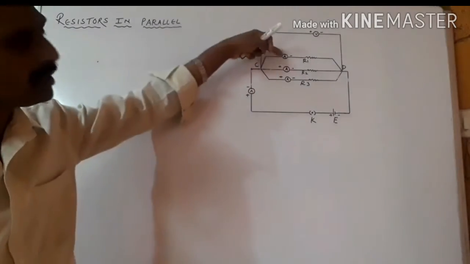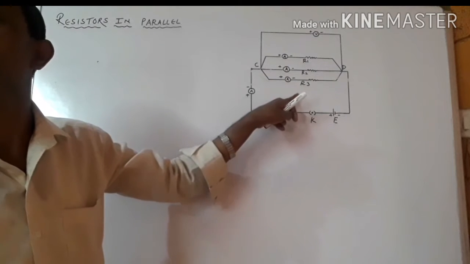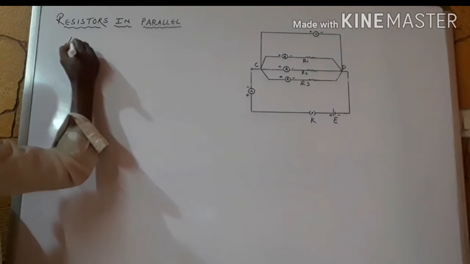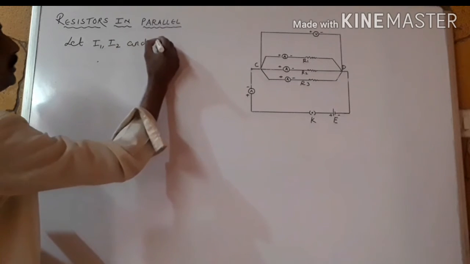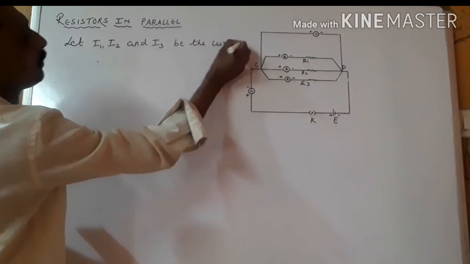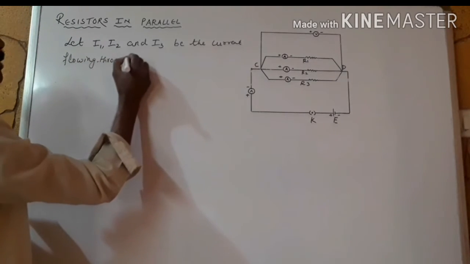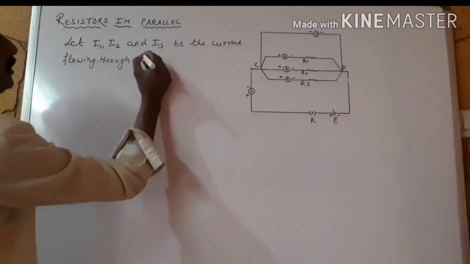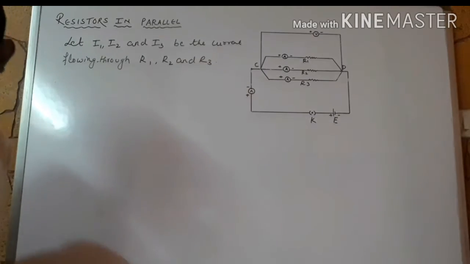So let I1, I2 and I3 be the currents flowing through resistors R1, R2 and R3 respectively.